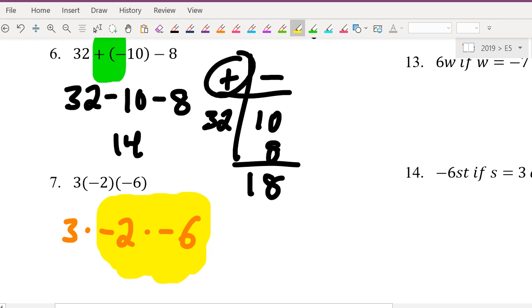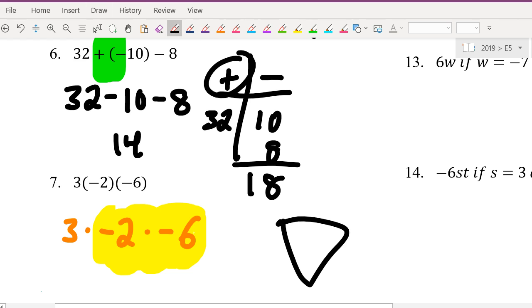Well, yes, but is that legal? Yes, it is, because multiplication is commutative. So yes, that is a good idea. So we get negative times negative makes a positive. The Dorito Man. Yes. So we get 3 times 6, and that answer is 36. Yes, 36.